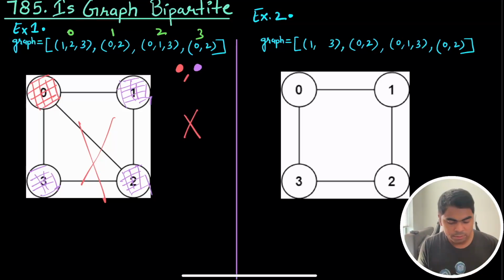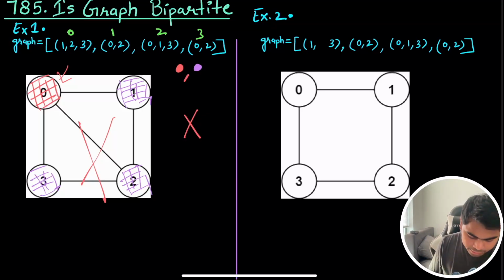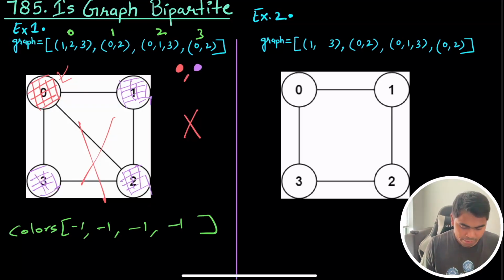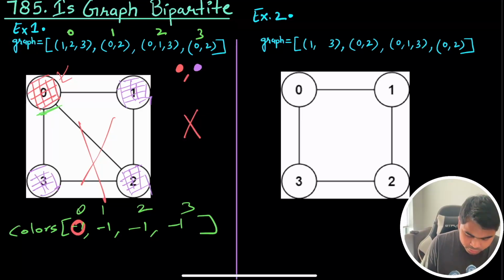So what we'll be doing is calling DFS on all the nodes, and in my colors array that I've already explained in the previous part, initially it will be all -1. This has 4 nodes. Let's say we start visiting 0, and because this is the first node, I can assign it 0, or red color, and then I visit all its neighbors and assign violet color to them.